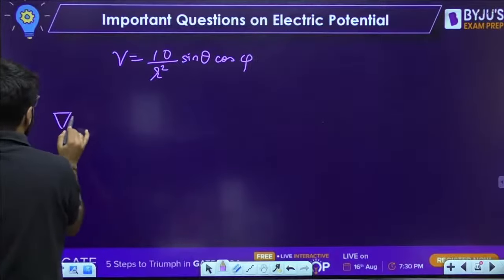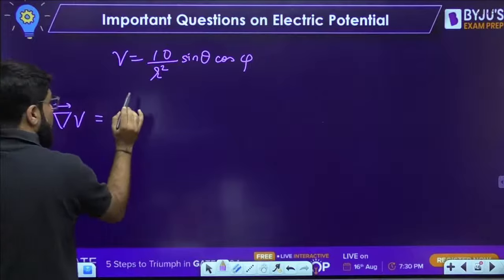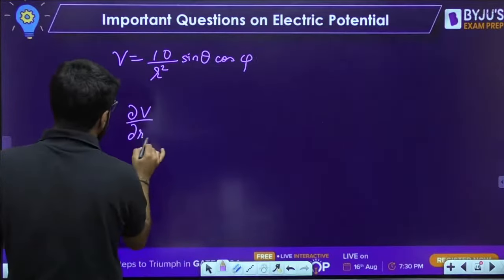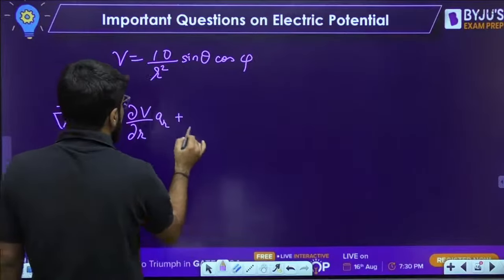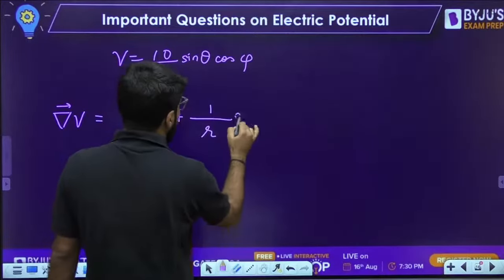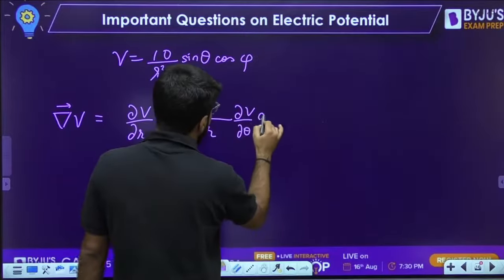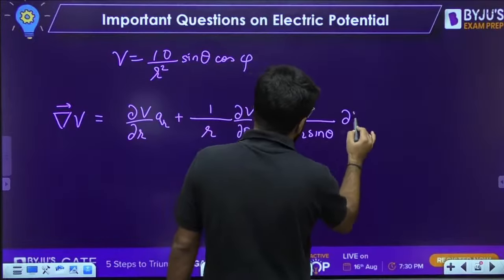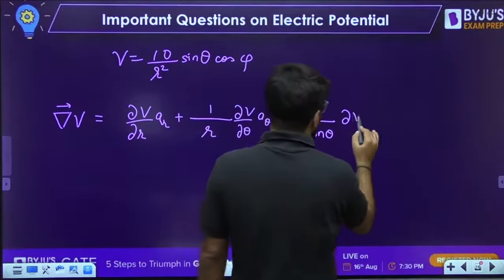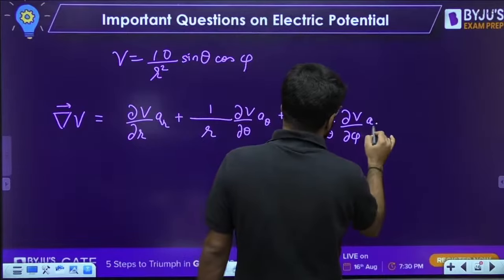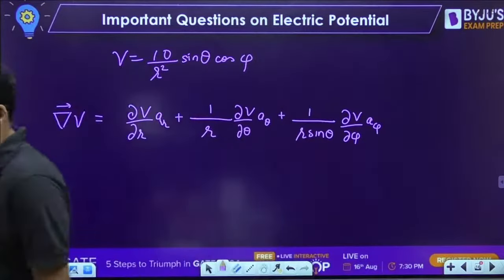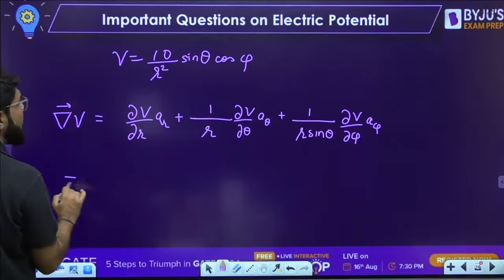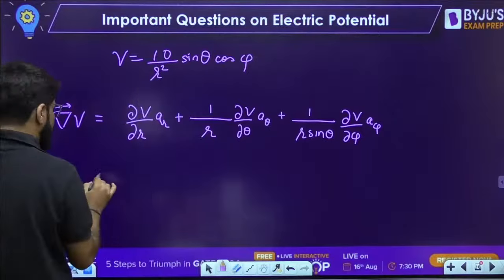So what is the gradient of V in the spherical coordinate system? The formula is del V by del r ar plus 1 by r del V by del theta a theta plus 1 by r sin theta del V by del phi a phi. Now let's calculate these derivatives. Differentiation with r: 1 upon r square derivative is minus 2 by r cube.